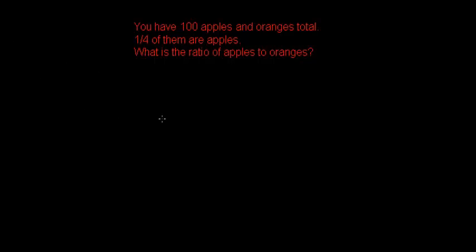Okay, you have 100 apples and oranges total. 1/4 of them are apples. What is the ratio of apples to oranges? So this one's going to require a little more thinking. So if you have 100, so your apples plus your oranges equals 100.